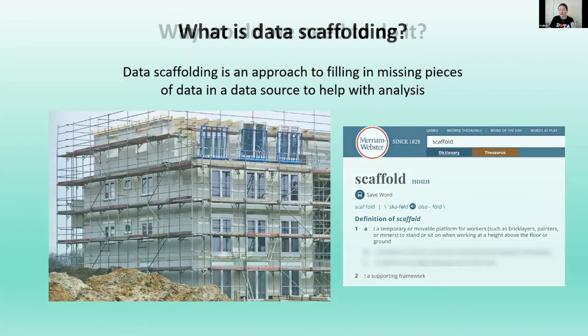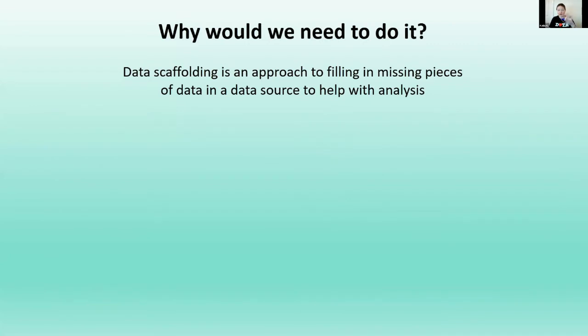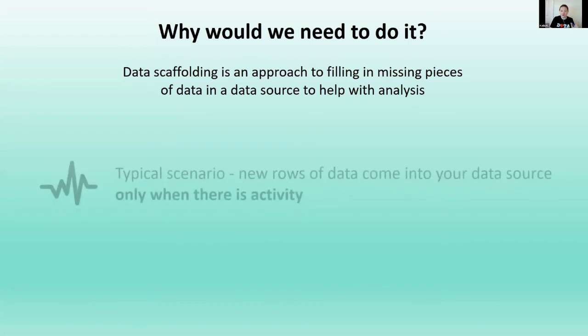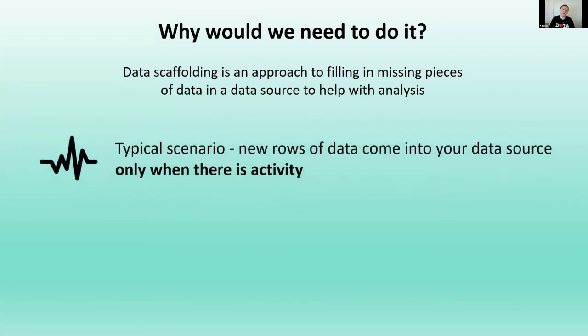So why would we need to do it? Just keeping the definition there in view at the top at the same time. What I've found in my years of experience working with data, a typical scenario is that in your data sources, you may have new rows of data coming in only when there's a change.